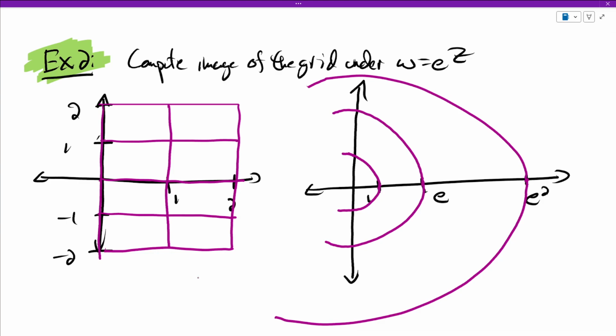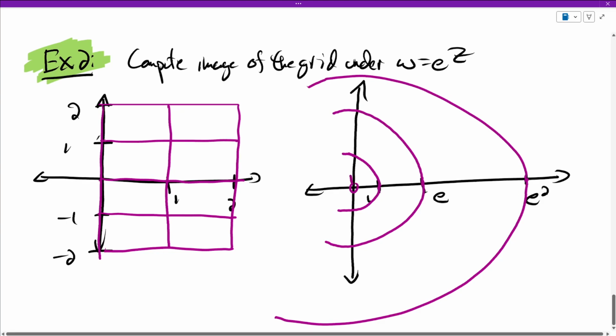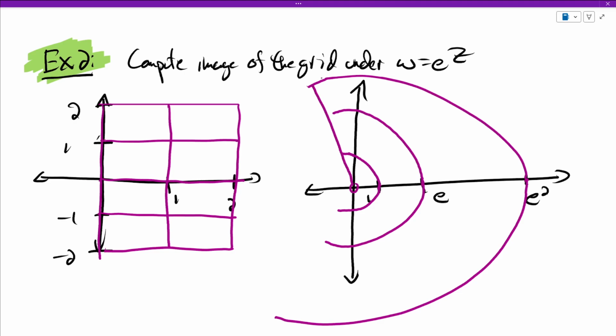And then our horizontal lines are going to go to rays, where the argument of the ray is the height. So for example, this upper horizontal line has an argument of 2. That's here. Now, we're actually not going to get all of these points on that ray because we don't have a full-on horizontal line. We just have the portion of the horizontal line where the real part is from 0 to 2.